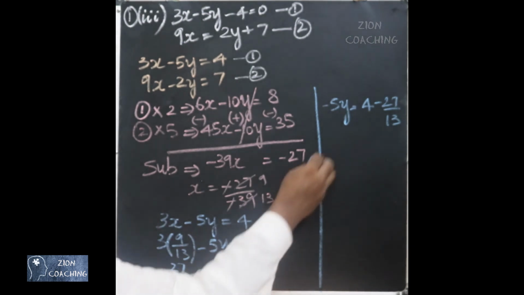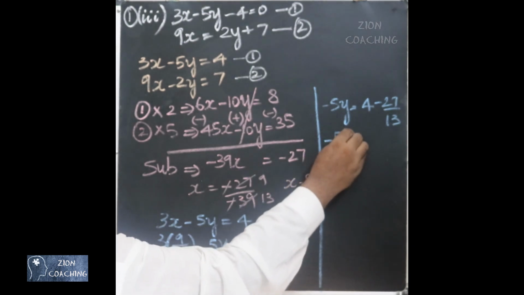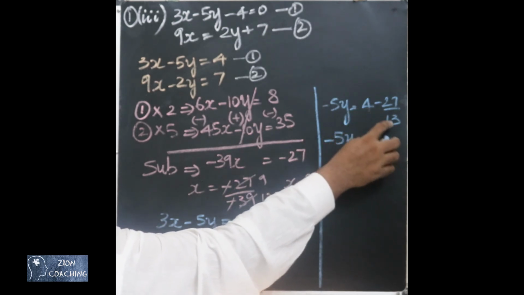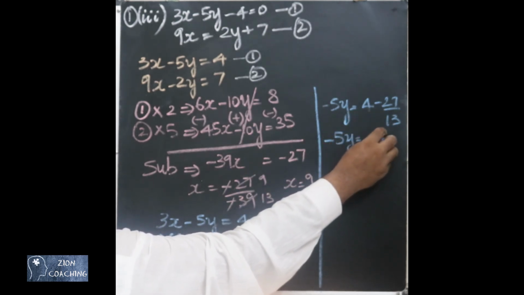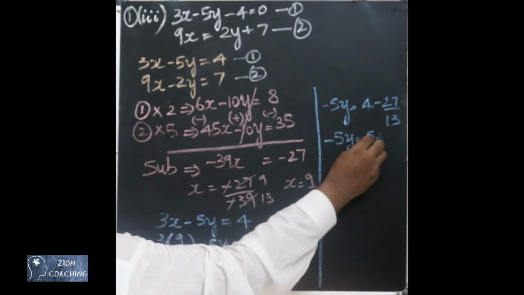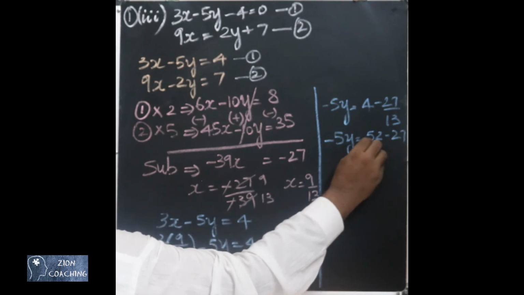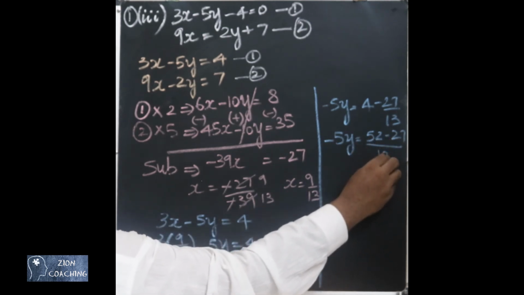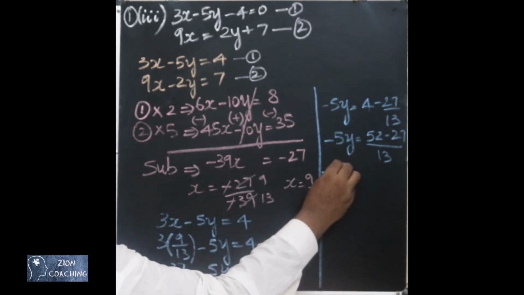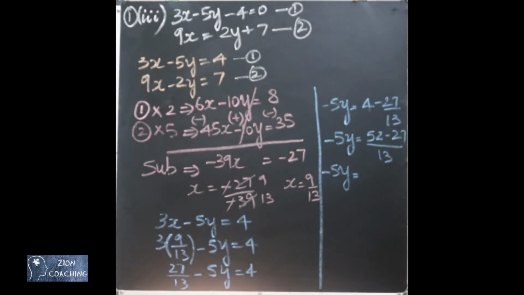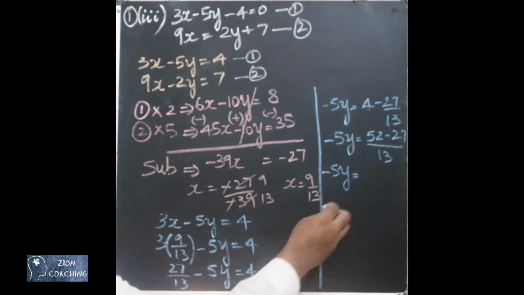Now taking LCM, this side it is minus 5y. That side when you take LCM, 4 into 13, 4 3s are 12. So we will have 52 minus 27 by 13. Minus 5y is going to be equal to 52 minus 27 is going to be 25 by 13.